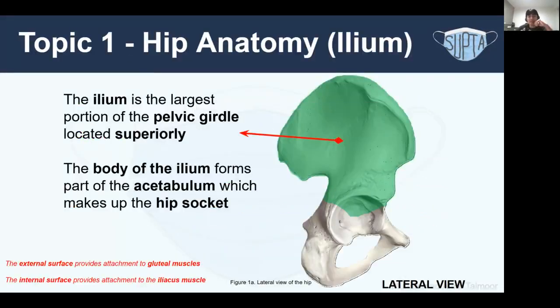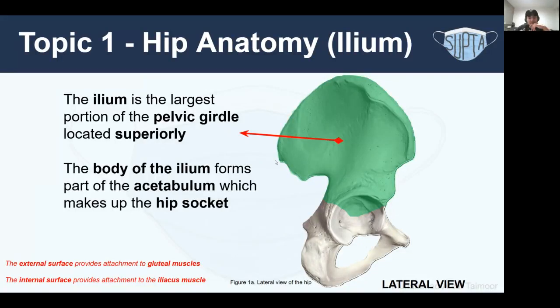So to start off with, we're going to talk about the hip bone. You should already know what makes up the hip bone. You've got the ilium, ischium, and pubis, right? The ilium is the largest part of the pelvic girdle. It's wing-shaped, and it has two surfaces. You can call it the external or gluteal surface, and then you've got the internal or iliac surface.